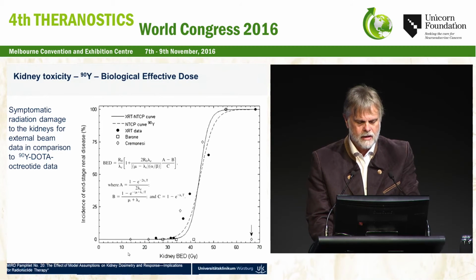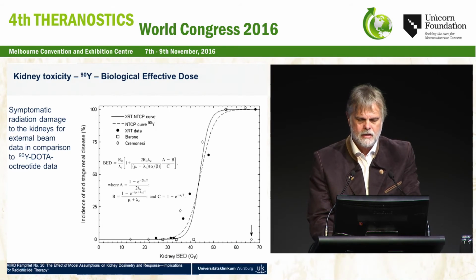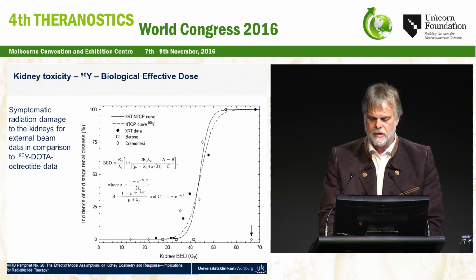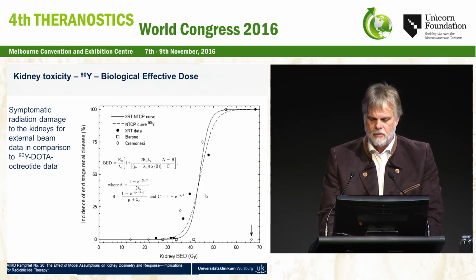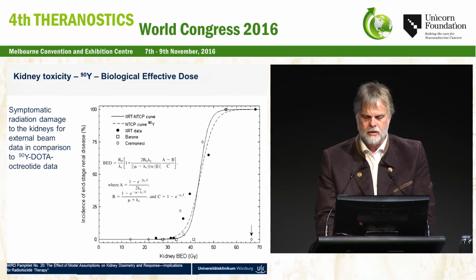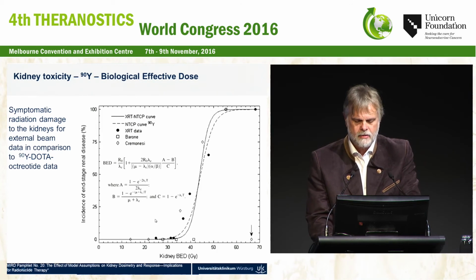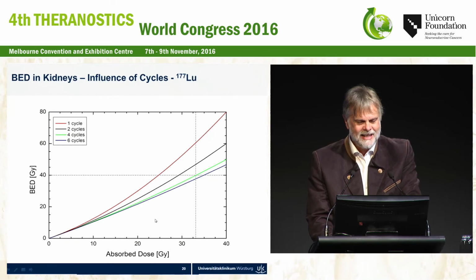And with this, the authors could nicely show that there's agreement between external beam data and data taken from radionuclide therapies for yttrium-90 and yttrium-86 recalculated for yttrium-90. On the other hand, there's one outlier, and it's not clear how this outlier comes about, or how it can really be taken into account. And also, we have to think about whether this is really applicable for lutetium-177.